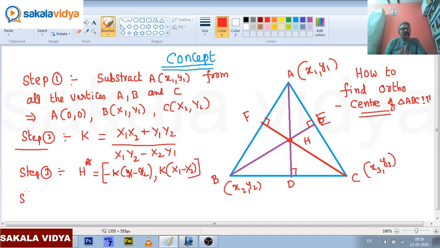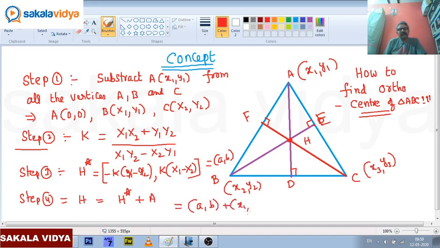Next, step 4. What is step 4? H is given by, for example, say these coordinates are a comma b. Now H is equal to H star plus the coordinates of A. You need to add. That means (a, b) plus (x1, y1) is equal to (a plus x1, b plus y1).